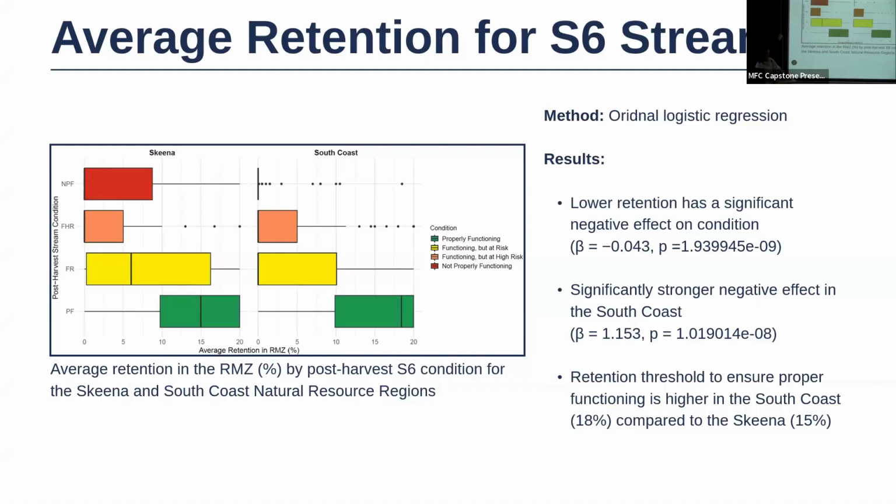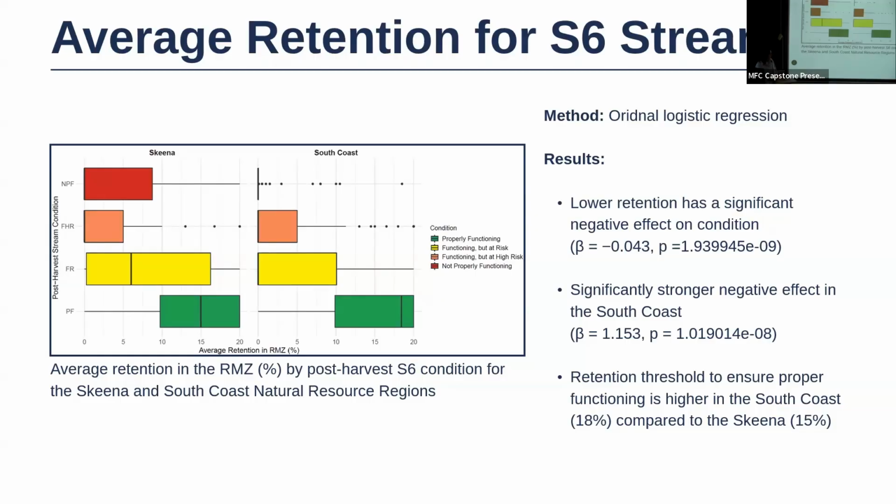Yeah, so my results showed that in both regions, a higher level of retention was positively associated with better or proper functioning streams post-harvest. In the Skeena, a retention level of around 15% was needed to ensure proper functioning, and at 5% and below, there was some sort of impairment to that stream.